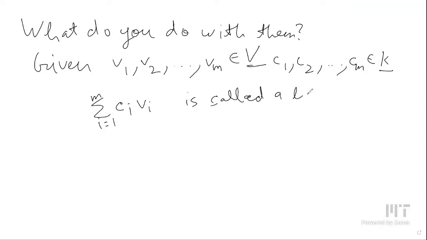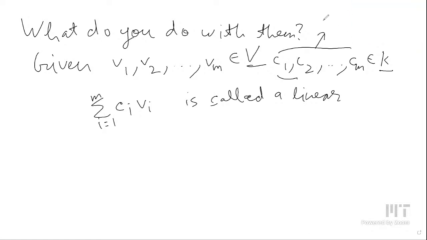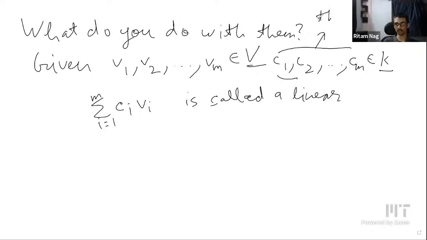Is c_i one-dimensional, right? Actually, you can think of them as one-dimensional vectors, but we actually call them scalars, and it's better to think of them as scalars. You should think of them as things you multiply vectors by.